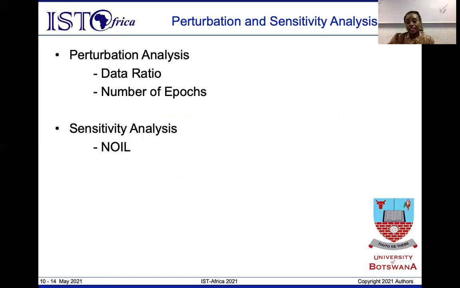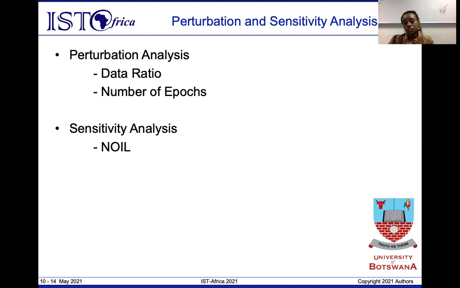And now the analysis. I've done the process of implementing my algorithms. I've addressed overfitting using feature selection and a dropout layer, and now perturbation analysis. This type of analysis is whereby you're determining how your X values affect your Y values.